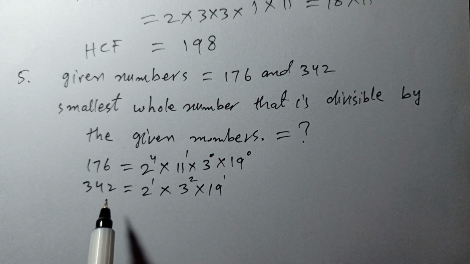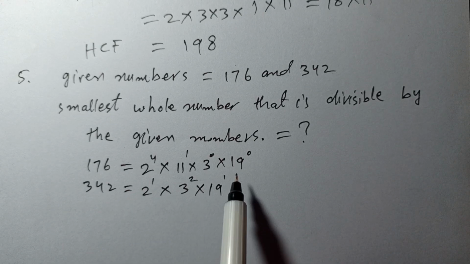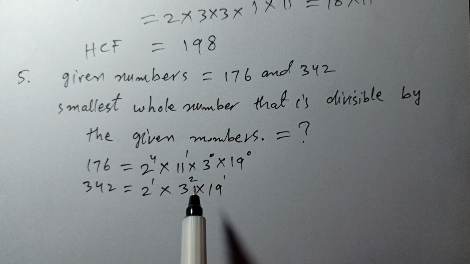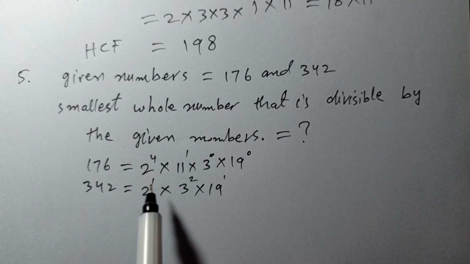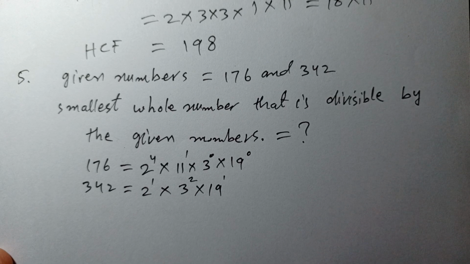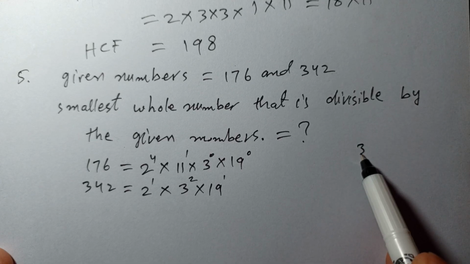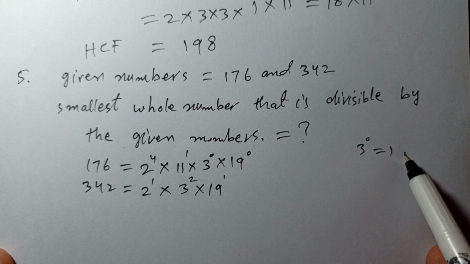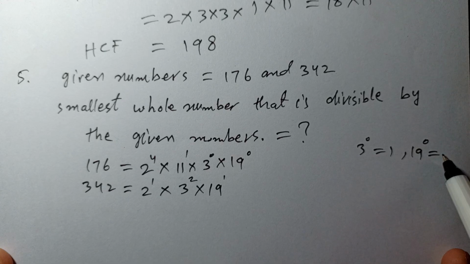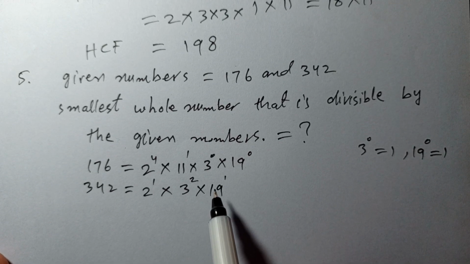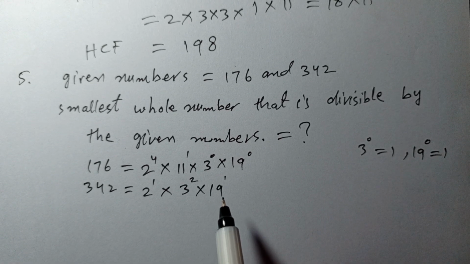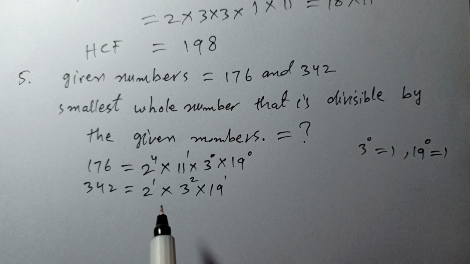So it doesn't matter if you write 1 here, because by multiplying by 1 the number always remains the same. You should know that 3 raised to power 0 is equal to 1, and 19 raised to power 0 is also equal to 1. So I am not increasing the number. Actually, I am making it convenient for our study.